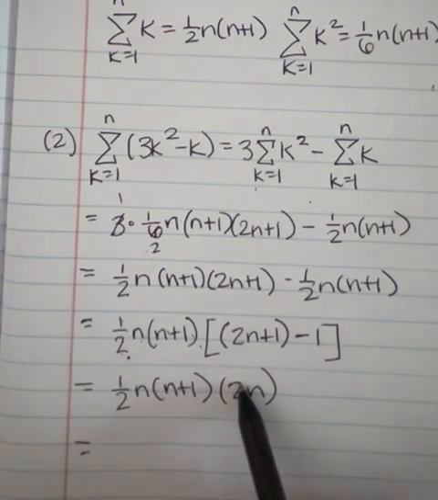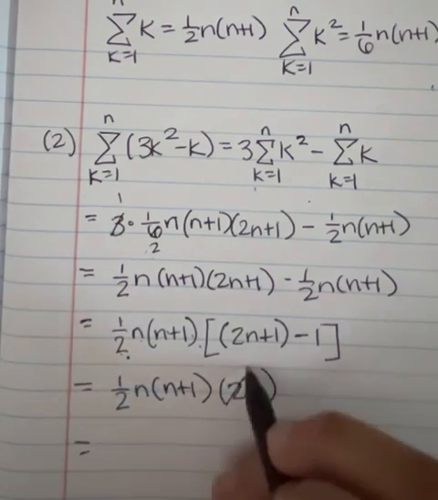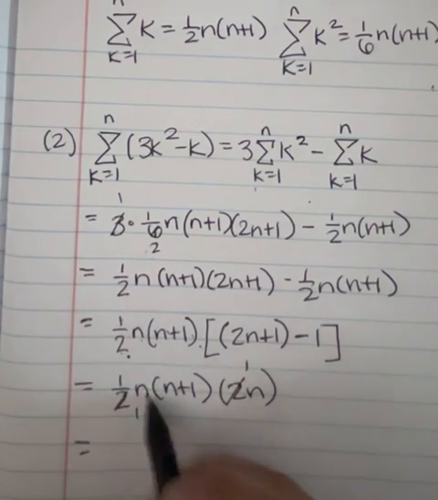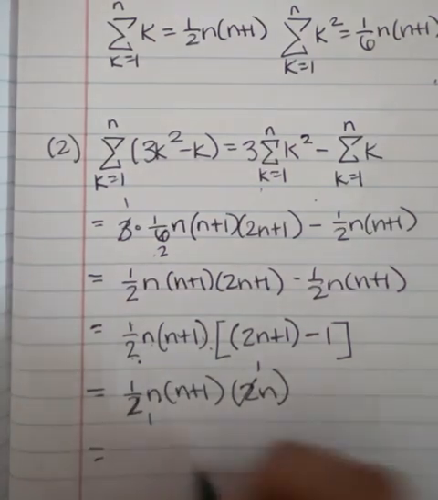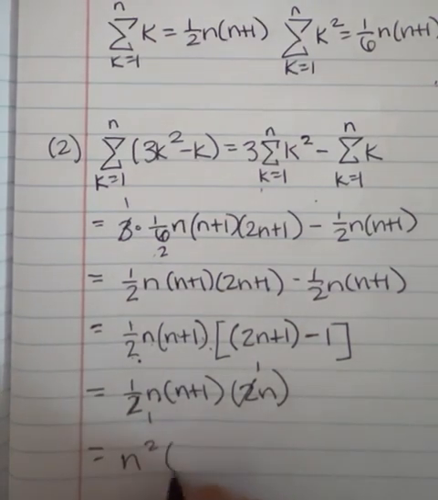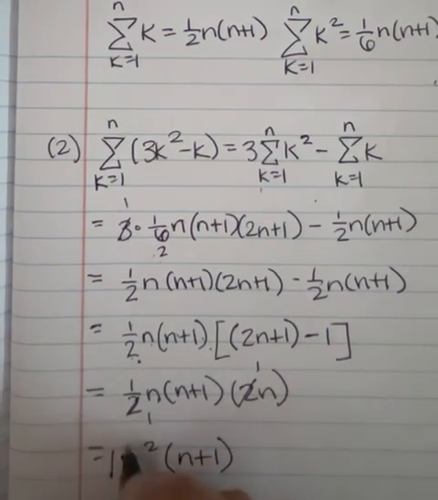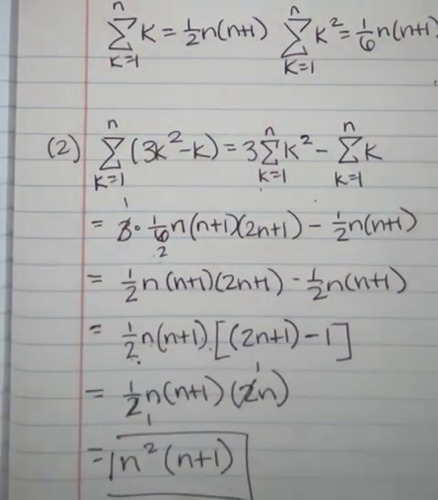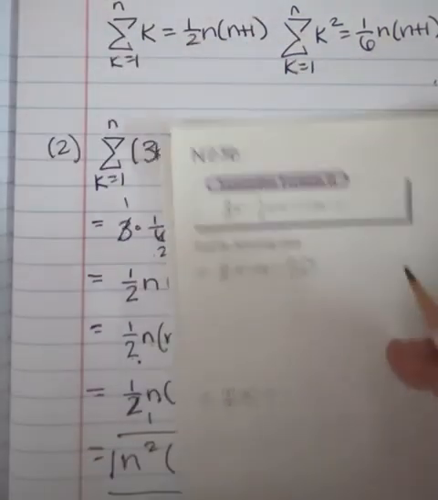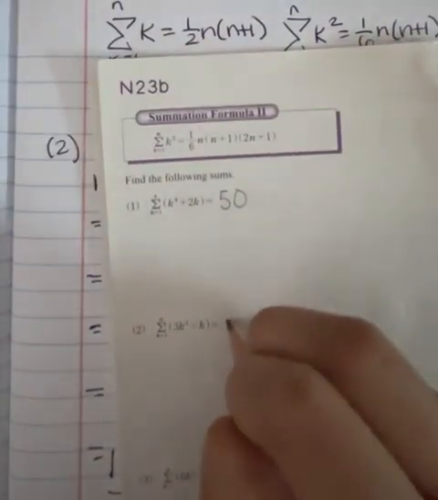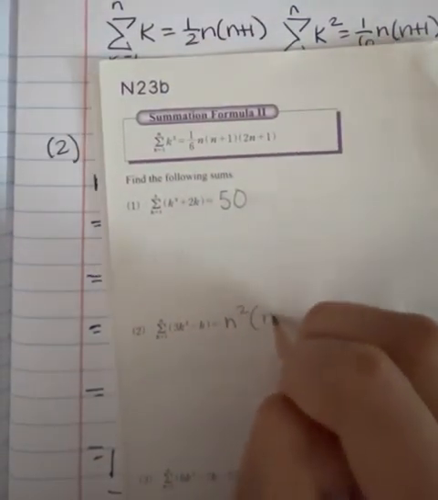Since 2 goes into 2 once, we can simplify that. And we can multiply the n's together. N times n is n squared, and all we have left is n plus 1. And that's our answer. So over here, the answer would be n squared times n plus 1.